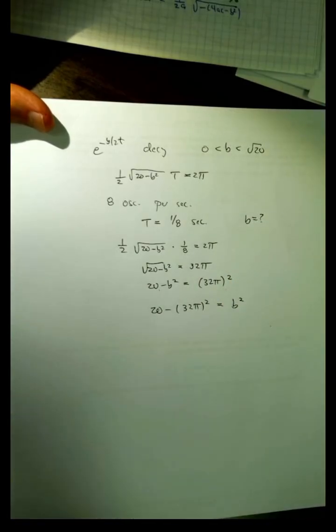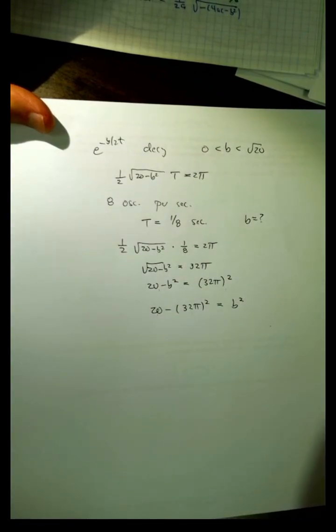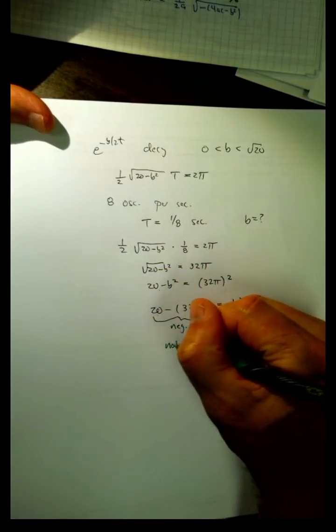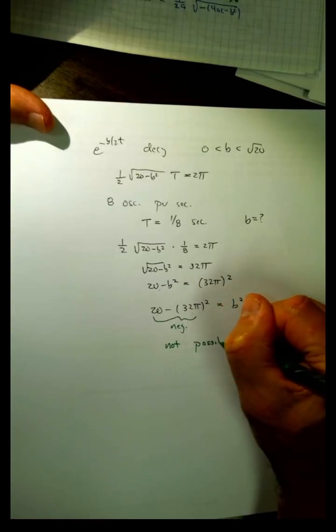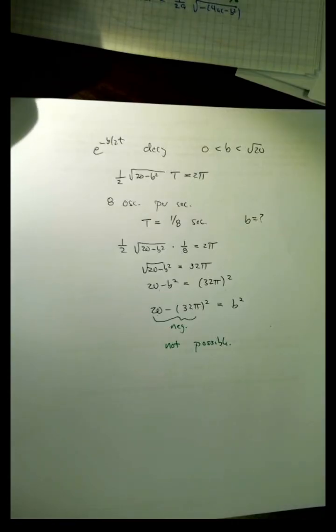And I immediately see this is a problem. Notice this thing on the left-hand side is going to be negative. So that means it is not possible to design a system in this form that's going to meet my design objectives.